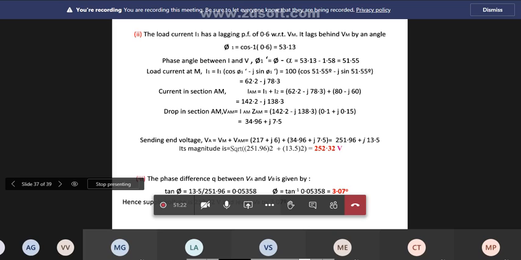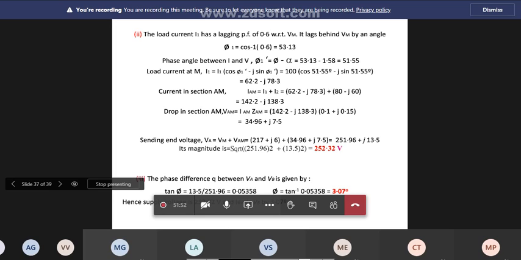Similarly, now find the current. Once the angle is found, now find the current I1, I1 cos phi1 dash minus j sin phi1 dash. The value is like this. Whenever you find the current at section AM, IAM is equal to I1 plus I2. Then the voltage drop in the section, VAM, is equal to IAM into ZAM. The value is this one.